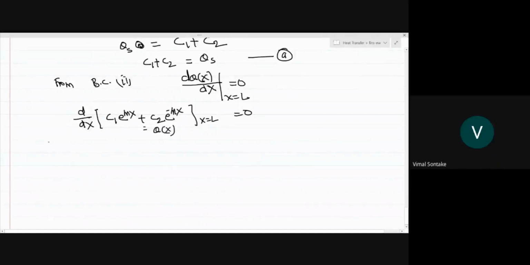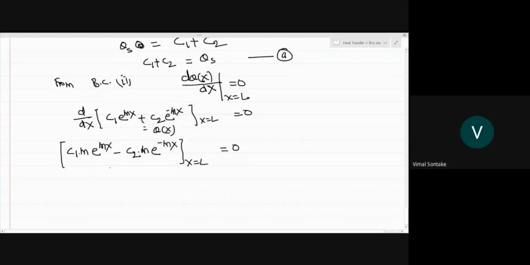Now differentiate it. I will get C1 m e to the power mx minus C2 into m e to the power minus mx, and if I put the value of x equal to L, this entire value will become 0. So m is common, I can take it out.